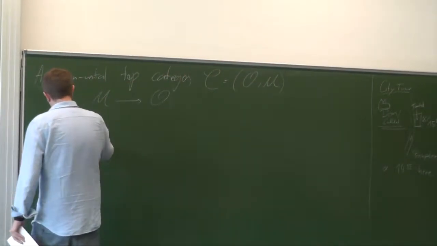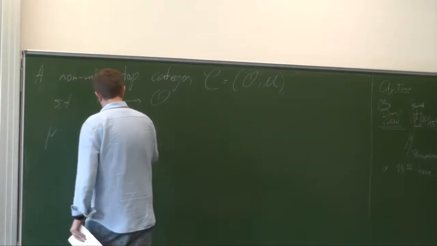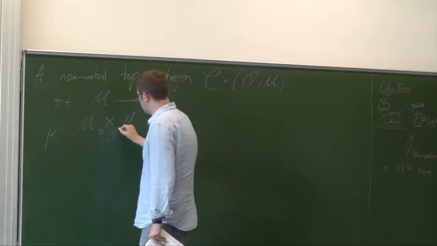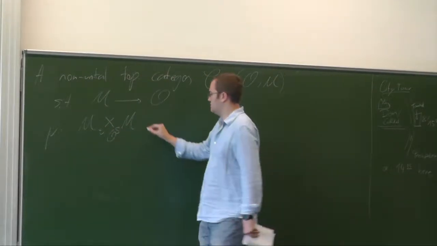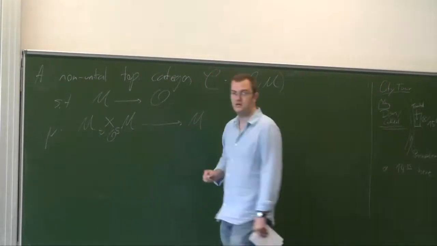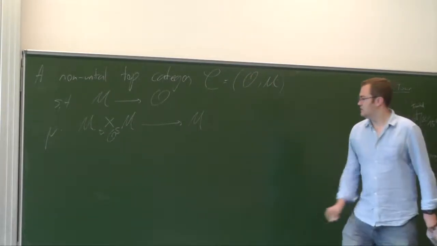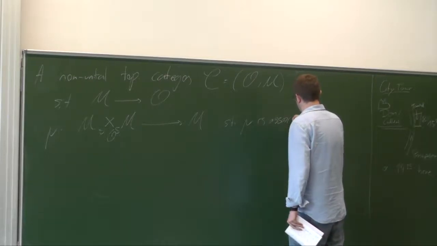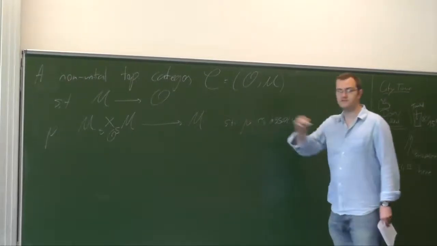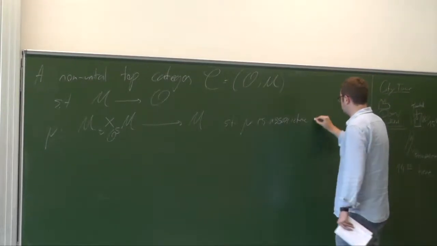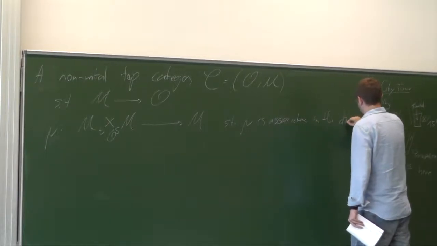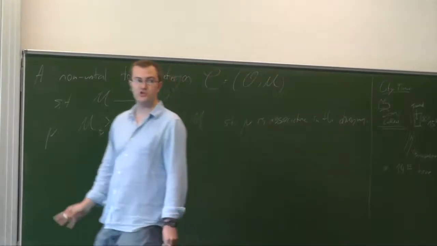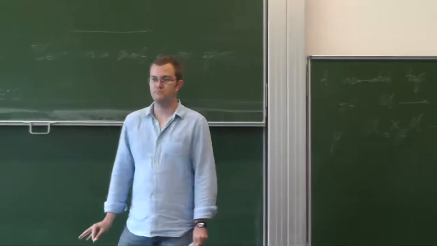And you have a map called product from morphisms cross over the space of objects with morphisms, where we cross here using target and here using source, to M, called composition, such that mu is associative in the sense that you can easily imagine. And that's it. That's the non-unital topological category.